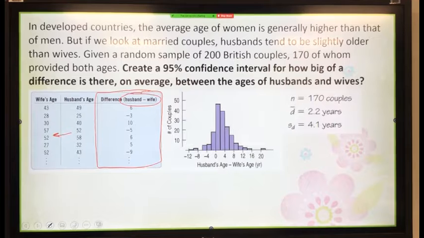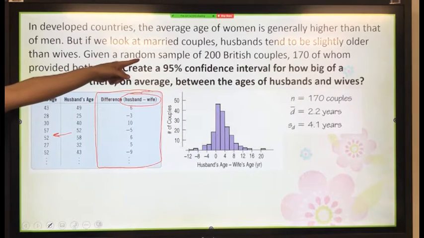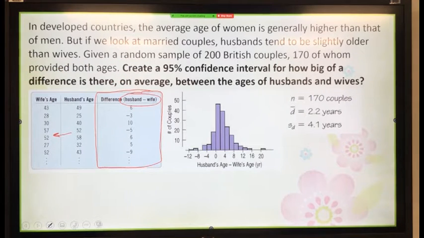What about the pair data condition? Don't we have our husbands and wives paired up, looking at the difference of the two? Yes, so that meets that one. What about our randomization? I'm taking random samples, right? So that works out.